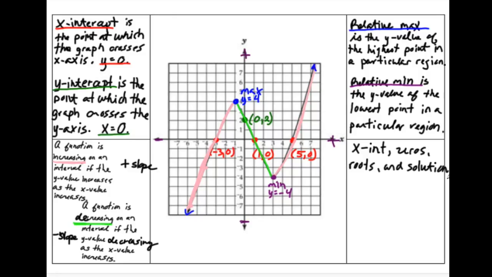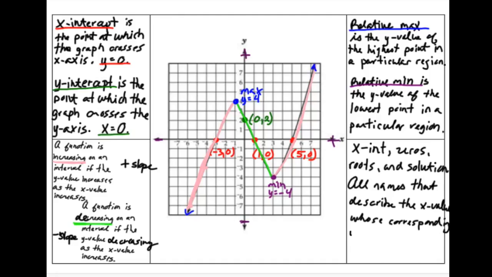They are all names that describe the x value of a function when the y value is equal to 0. So whose corresponding y value equals 0. So what does that mean?